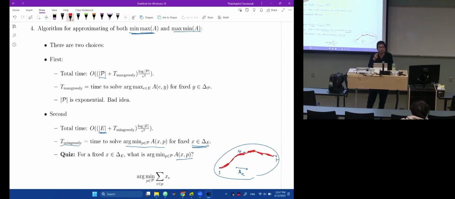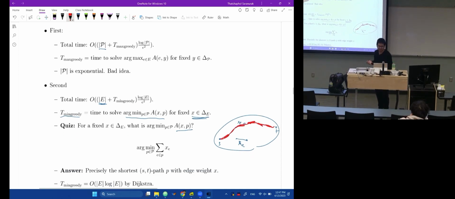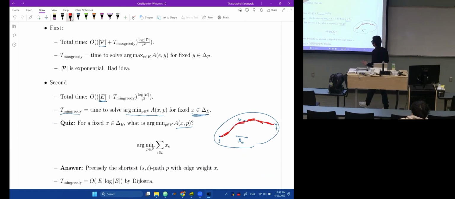Yeah, the shortest distance. It's really just the shortest path problem. It's exactly the shortest path problem when the weight is x, right?